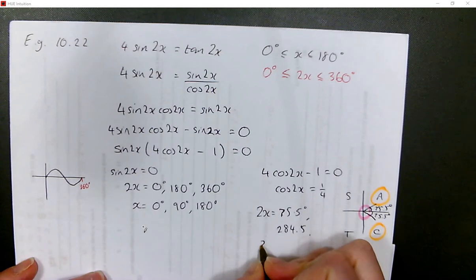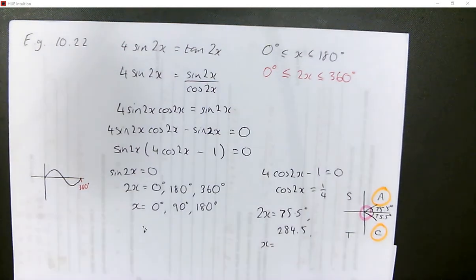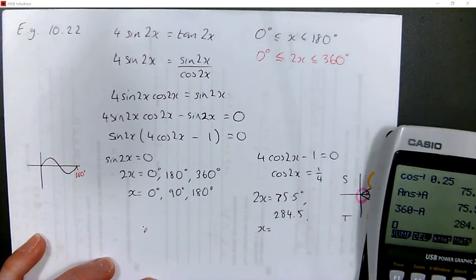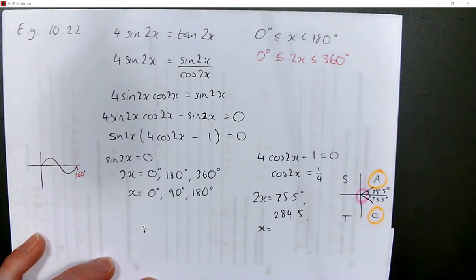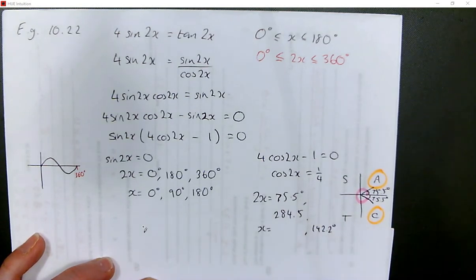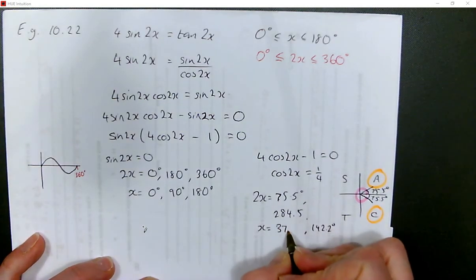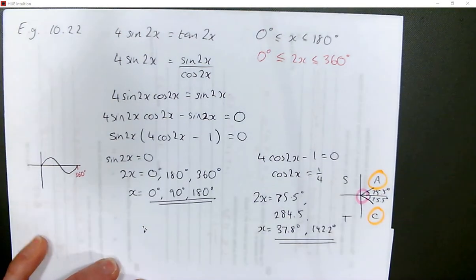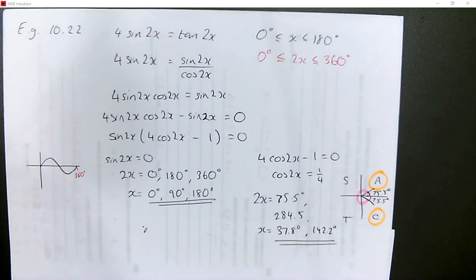Then we can halve our answers once we've got them. So we've got 5 solutions for that question.